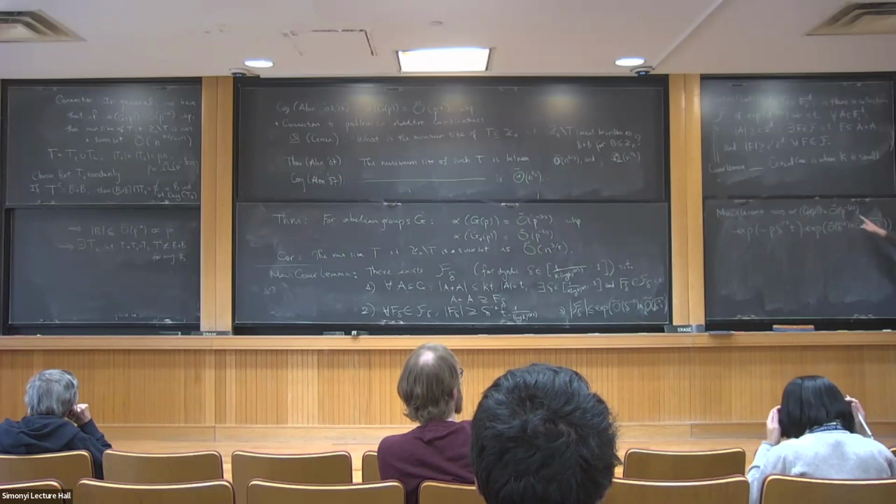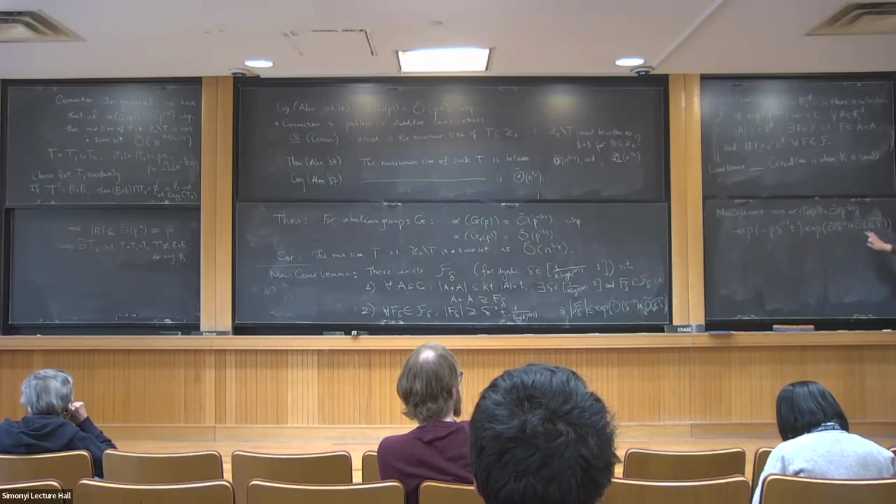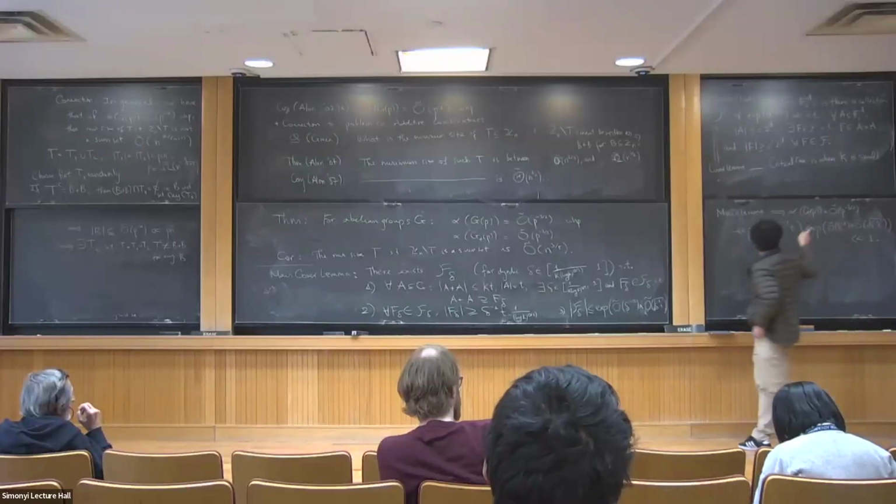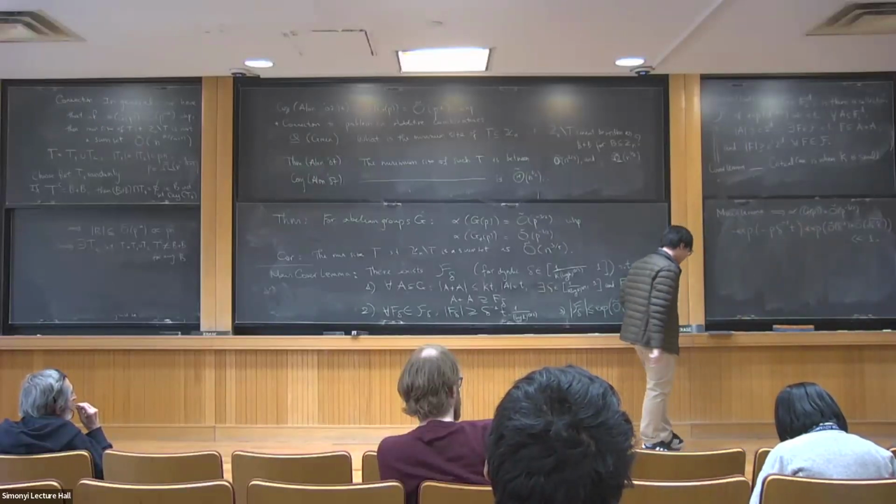And if you take t to be p to the minus 3.5, maybe I'll skip the somewhat boring calculation. We can check that this is very small. So these covers indeed witness the upper bound of p to the minus 3.5 on the independence number.